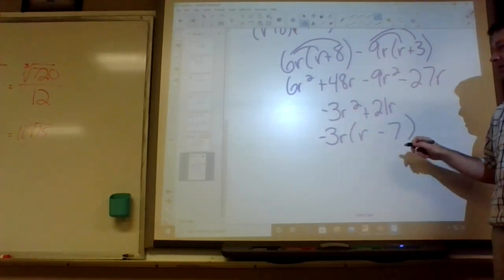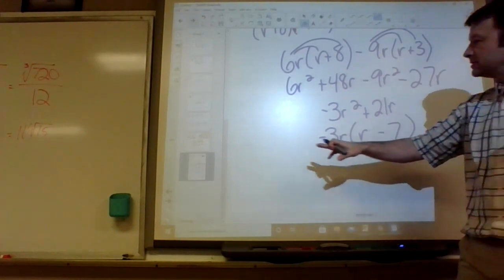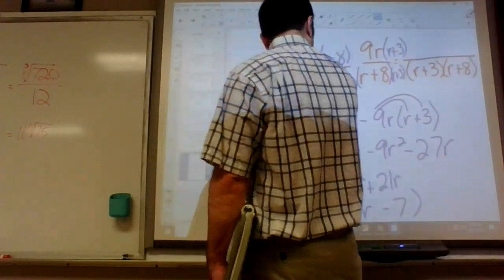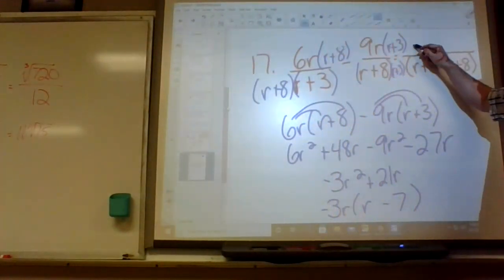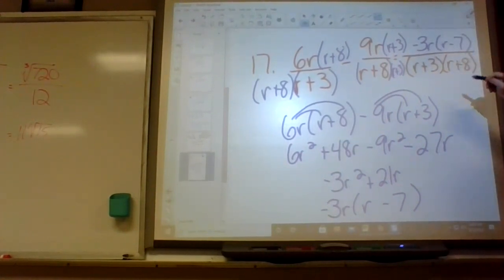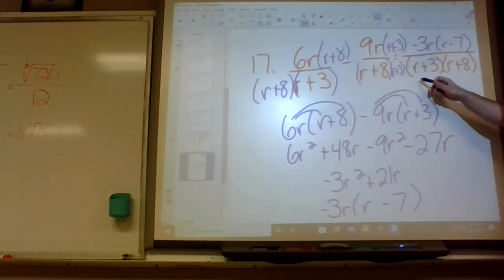Negative 7. Now that didn't really help us any, but you should always factor, because sometimes something could cancel out, although it didn't on this one.